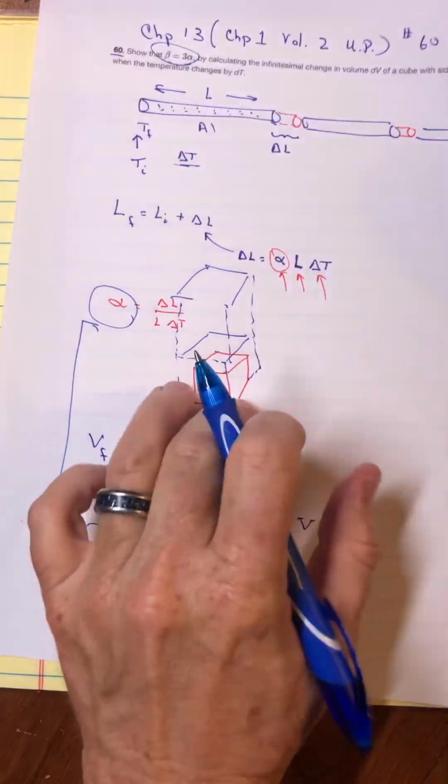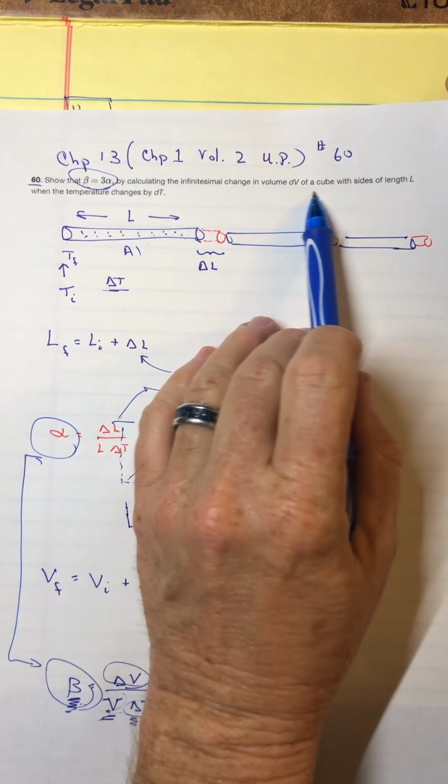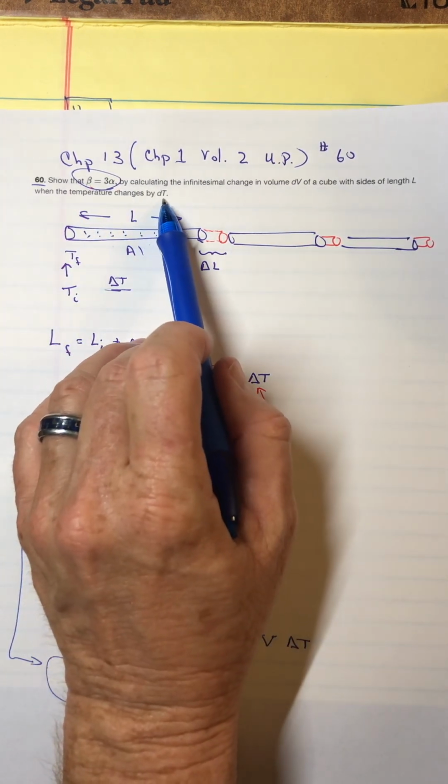And so let's do our little proof. And they suggest using a cube. So I'll draw this little cube again here. It says infinitesimal change dV of a cube with sides of length L and is increased by a temperature of delta T, or dT. So I'll go ahead here and say, all right, I have a cube.